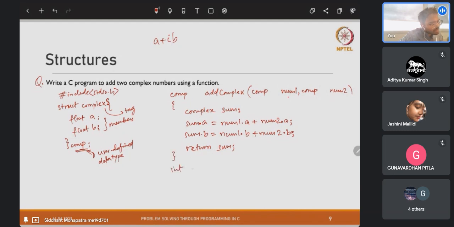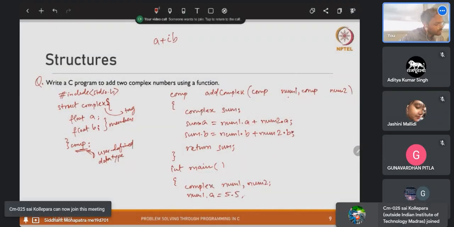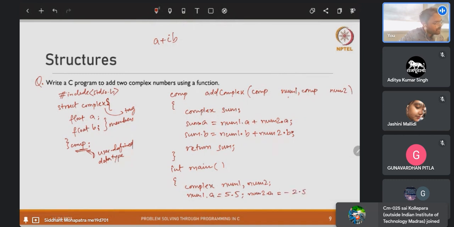Now what would happen in the main function? Let me write down the main function, int main. Now you just define two different numbers, num1 and num2, and num1 dot a is equal to say 5.5, num2 dot a is equal to minus 2.5, whatever, just define some values.